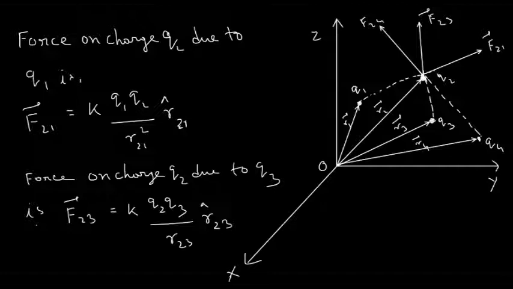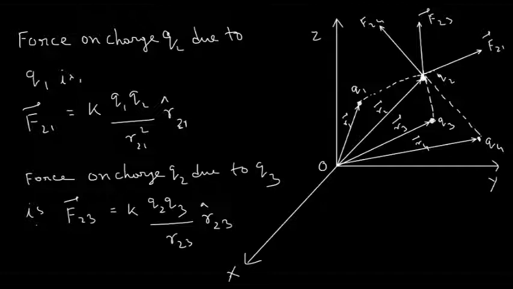The force on charge Q2 due to Q1 is F21, equal to K Q1 Q2 upon R21 square, unit vector R21.